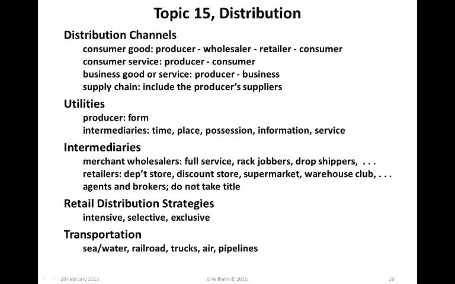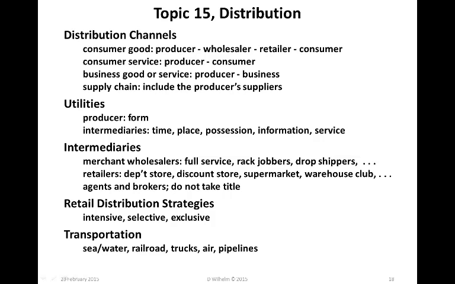A consumer service is generally straight from the producer to the consumer. Most services, like an airplane ride, you cannot stock and sell at a different time. The service is provided at the same time it's produced.